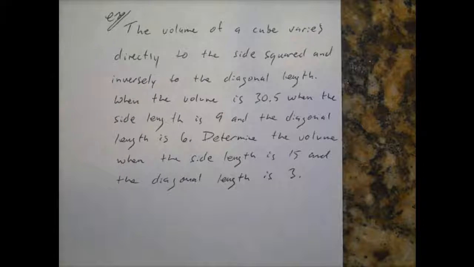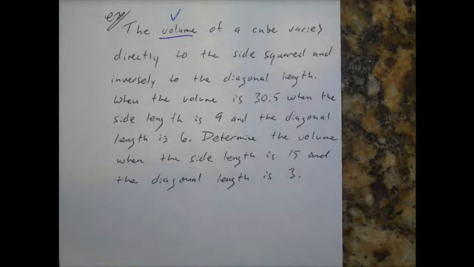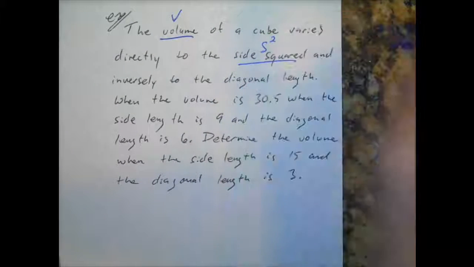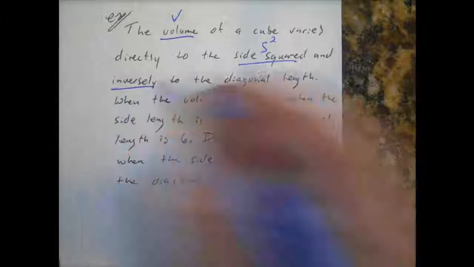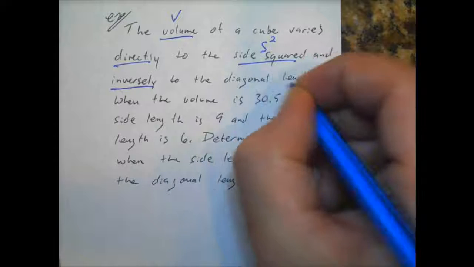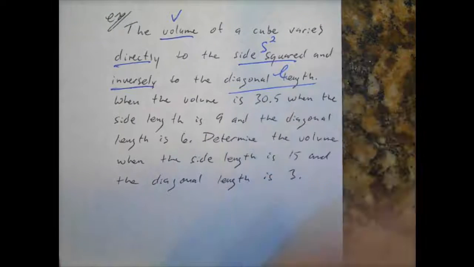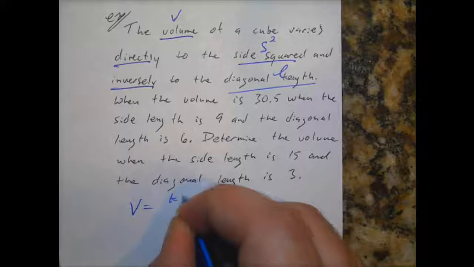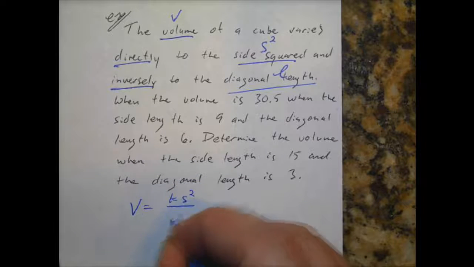All right, so it says the volume of a cube, I'll call that V, varies directly to the side squared, so I will call this side squared, and inversely to the diagonal length. I will call this diagonal length L. So I have the volume varies directly to the side squared, so I have k s squared, and inversely to the length.